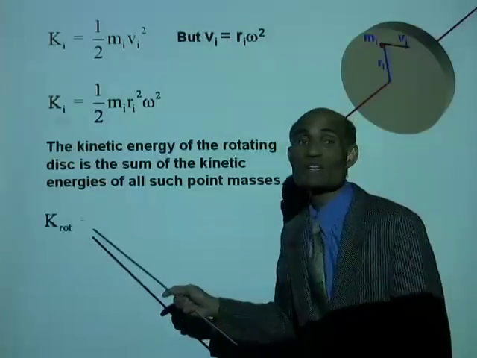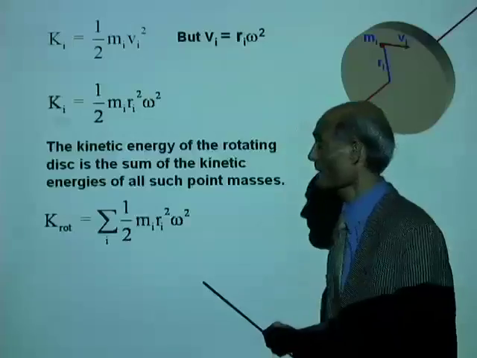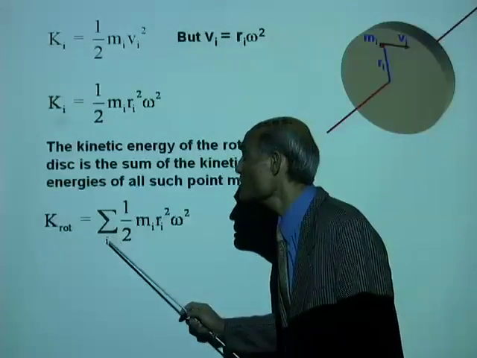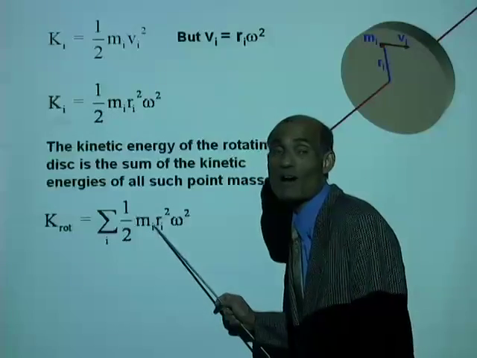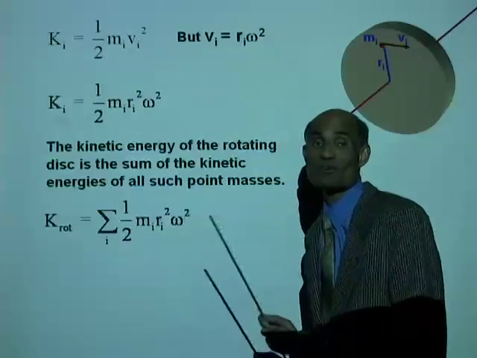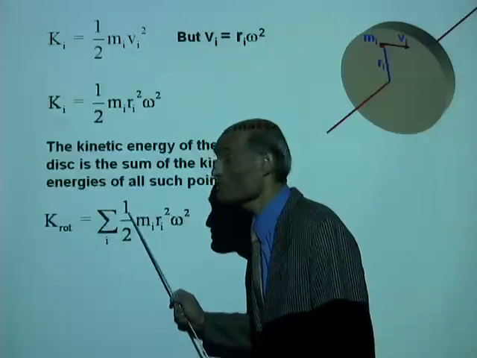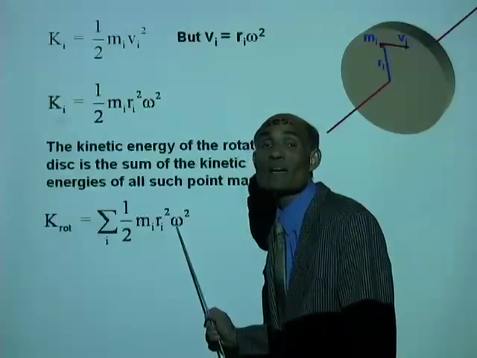So how do we write the total kinetic energy? K rotation is summation over i of 1/2 mi ri squared omega squared. Well, this 1/2 is a constant. I can bring it out of the summation. Omega is a constant.